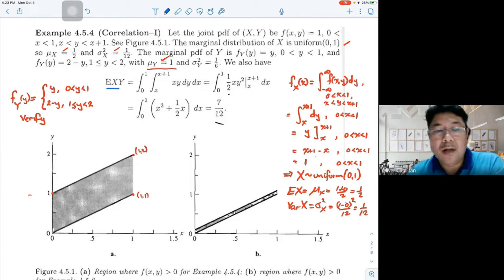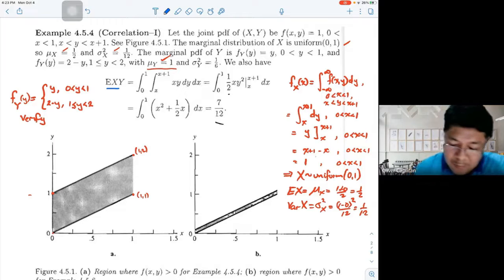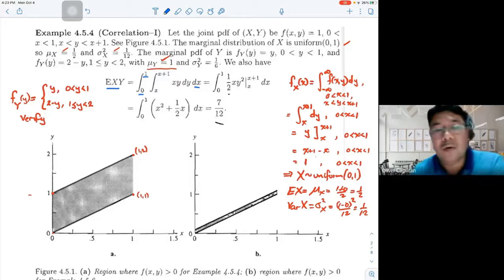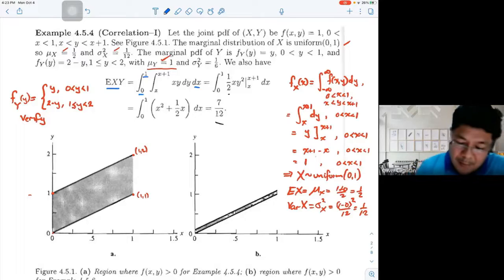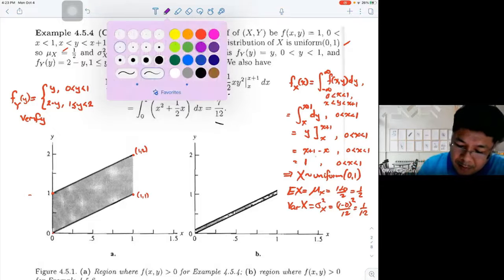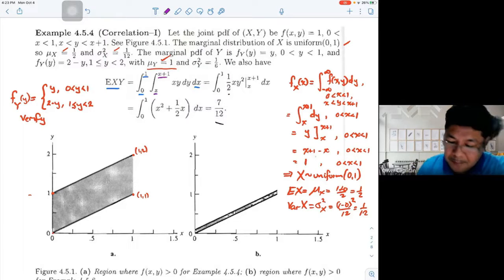Since the value of x is between 0 and 1 exclusive, for dx here, 0 to 1. We go straight to the PDF, no more indicator function. While for dy, y is greater than x but less than x plus 1.